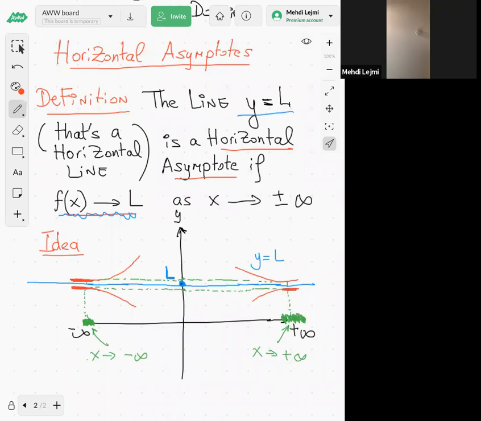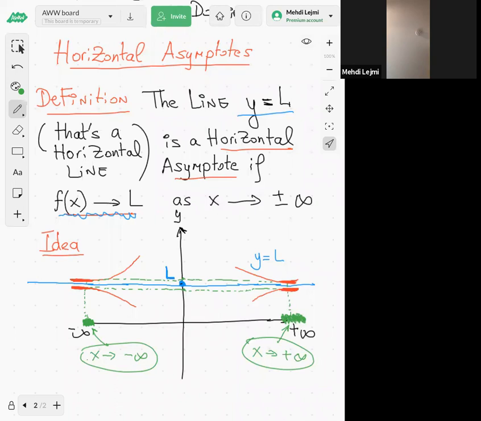It's going to be very, very close, but never equal to L, okay? So that's what I call a horizontal asymptote. When x is at negative or positive infinity, the values of the function are close to some number L, okay?